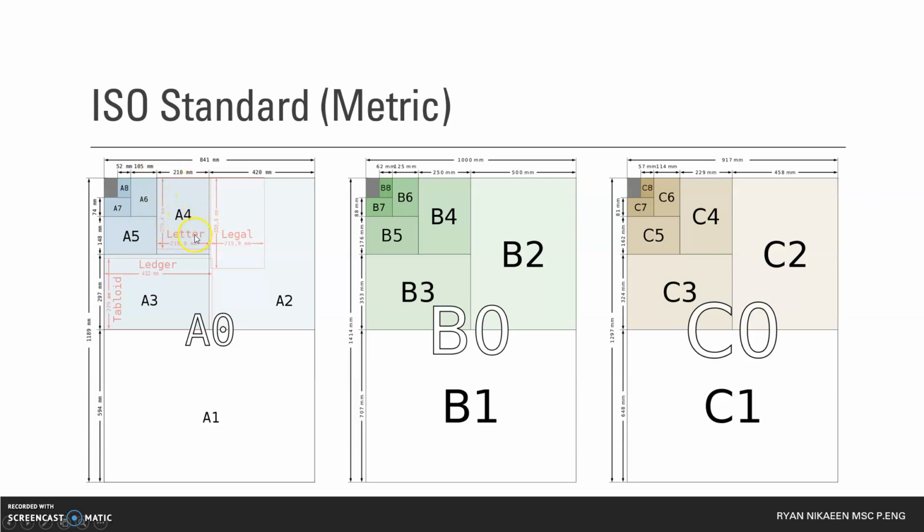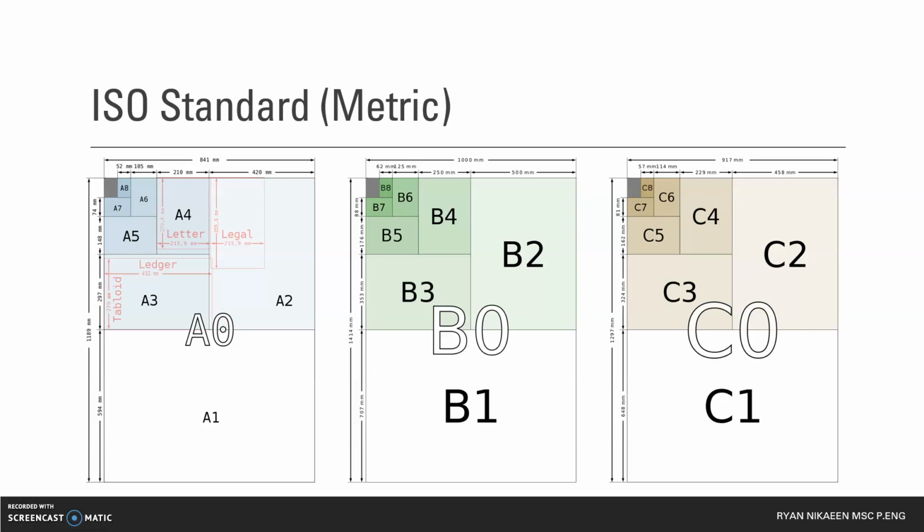They work with A4 paper. But in North America, we use letter size paper. For note taking, in other countries they use, let's say, B5 or C5. So they have different standards. Let's have a look at this standard for a few minutes.